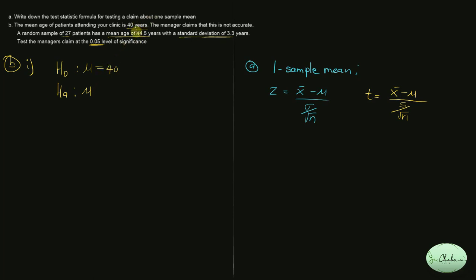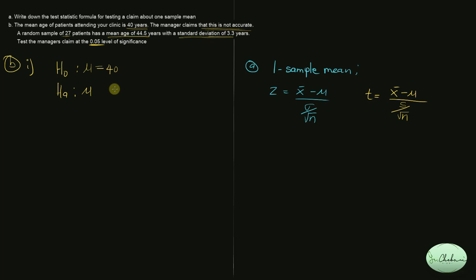In this particular case, we were not given a clue as to whether the claim is that it's greater than or less than. The manager just claims that it is not accurate, so he or she implies that it's different. So it could be less than or greater than.